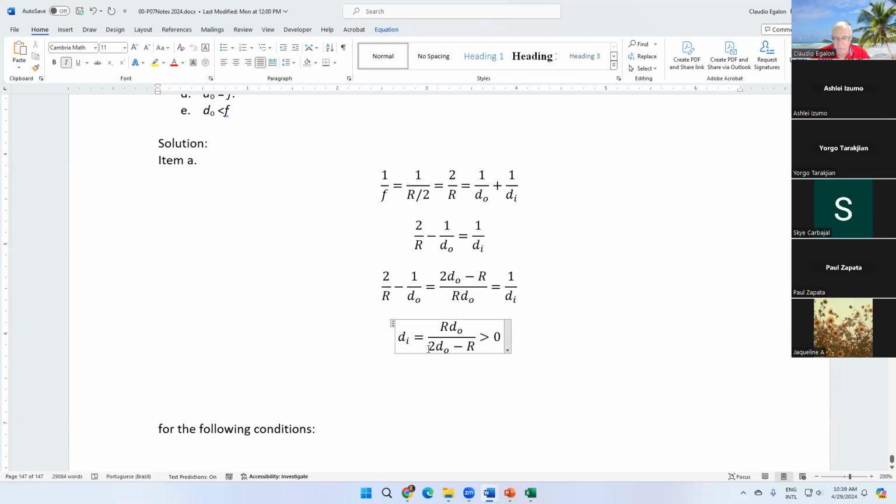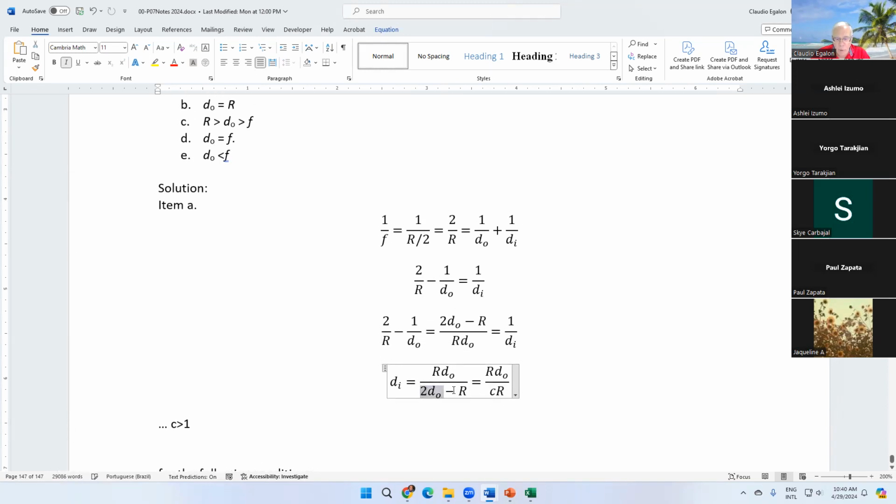And so I'm gonna write down like that. 2d_o minus R is going to be, let's say, a C times R, where C in this case is greater than 1. C greater than 1. Right? Because d_o is greater than R. Here we're going to have 2R minus R. So this C here that you see right here is going to be a number greater than 1. Okay, and now we can cancel out the R with the R.